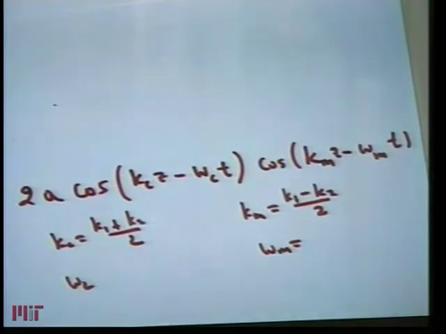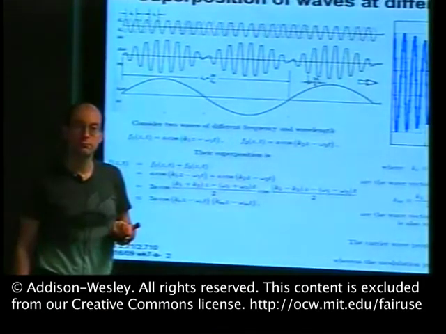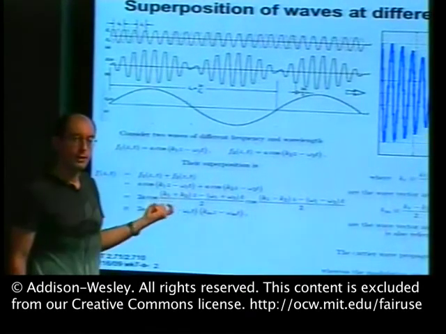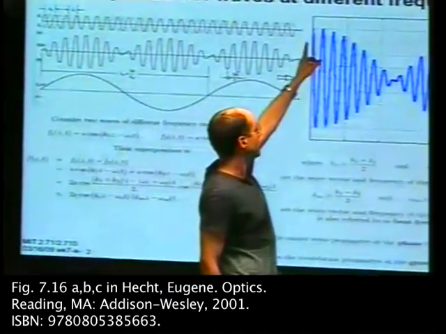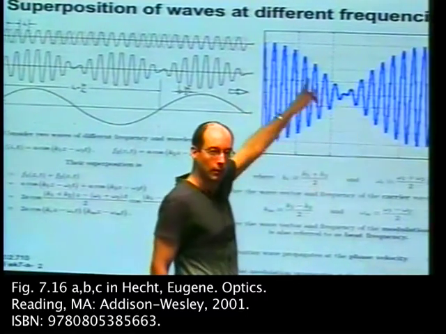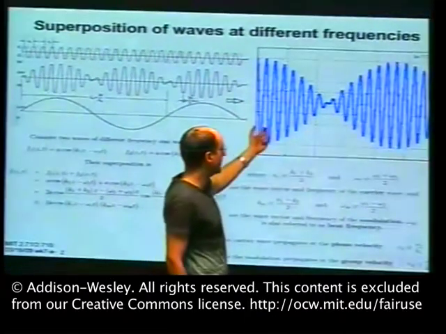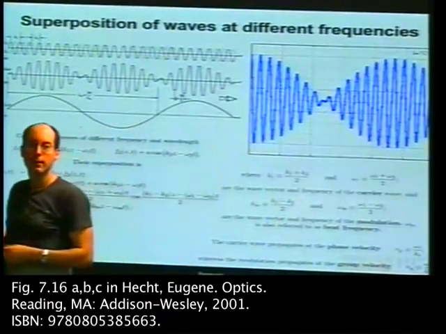Now, each one of these cosines, okay, there's a missing cosine here, but imagine that there was a cosine, each one of those is a traveling wave. So basically what you see now is the product of two traveling waves. I have one sinusoid of relatively low spatial period and another sinusoid of relatively fast spatial period, and I multiply them.